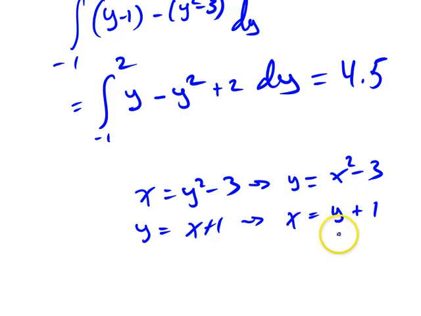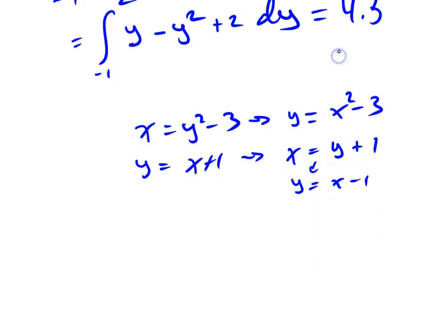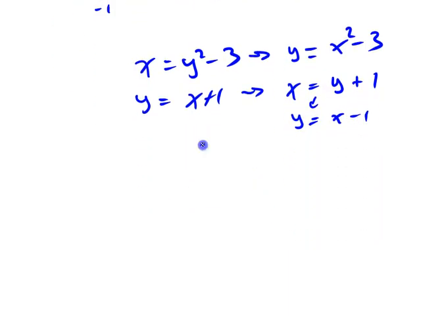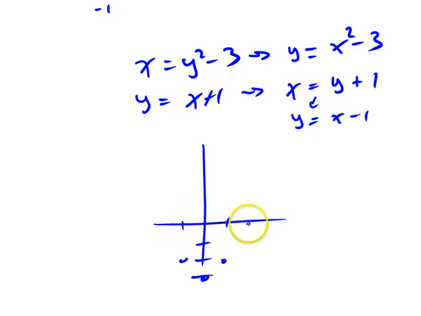So they just interchange the role of x and y, and then rewrite this one as y equals x minus 1, because they're used to looking at y as functions of x. So they say, okay, I got my parabola that goes down, shifted down 3, and they've got y equals x minus 1, so intercept of minus 1, slope of 1.